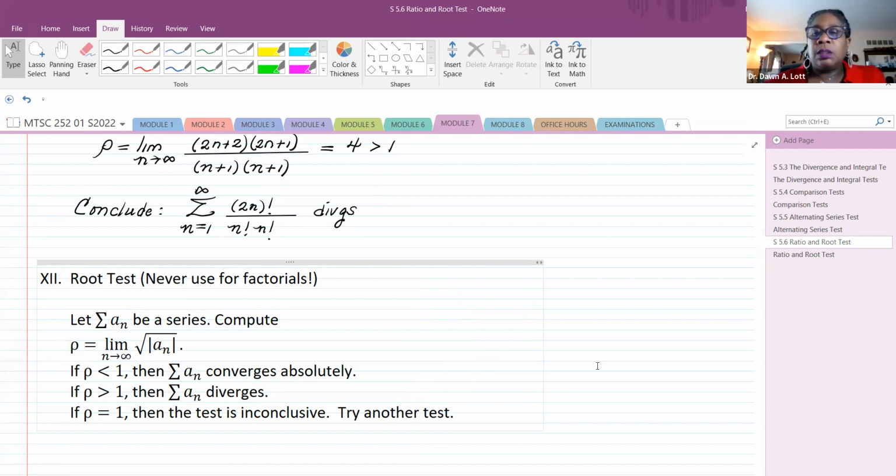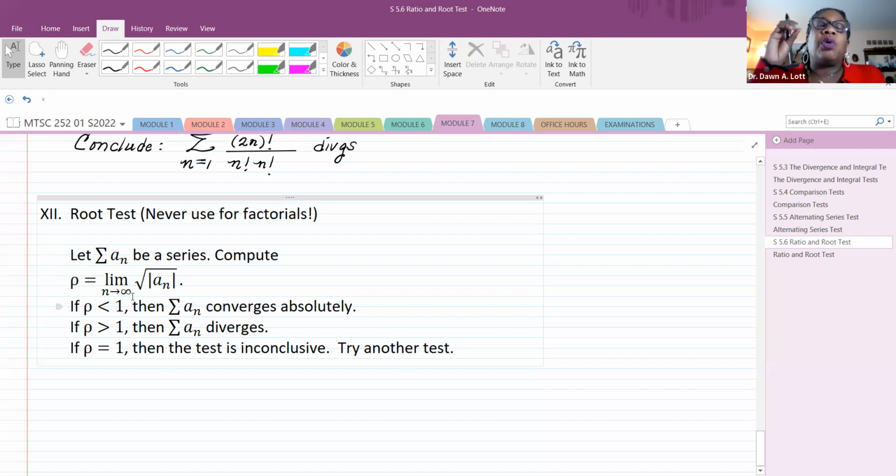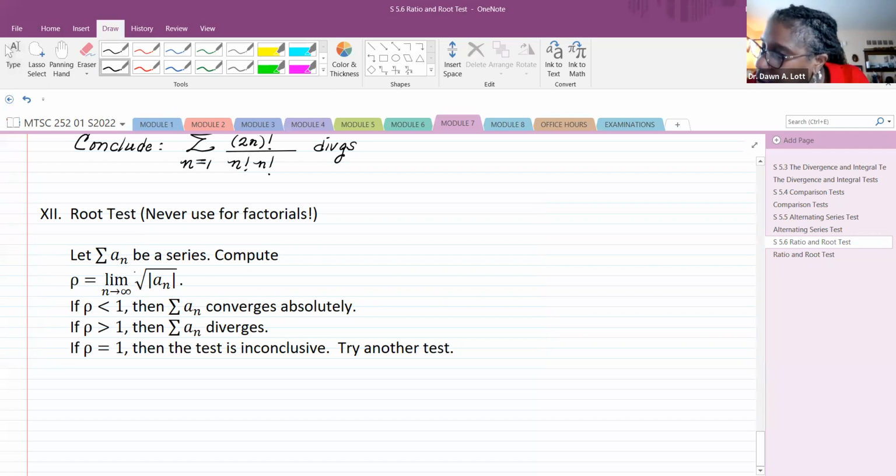Okay, so for the root test, we want to again have summation a_n as a series. We're going to compute rho, which is the limit as n approaches infinity. This time we're going to be taking, that is not right, this should be the nth root of a_n.